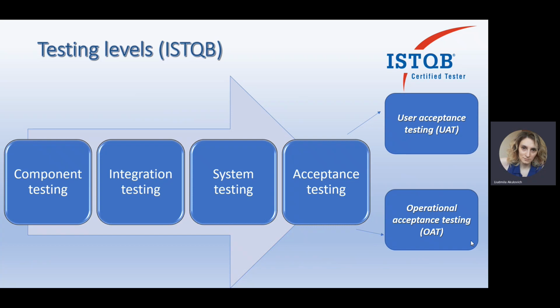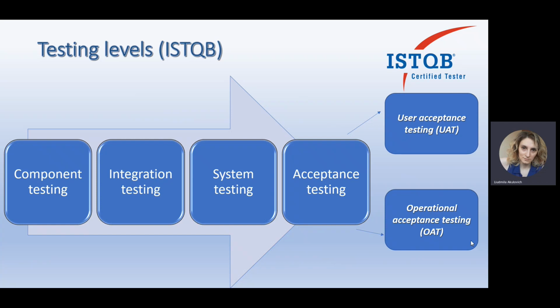Some words about testing levels in ISTQB. Actually, there are 4 known test levels: component testing, integration testing, system testing, and acceptance testing. According to the ISTQB classification, component testing is a synonym for unit or module testing, and it focuses on components that can be tested separately.